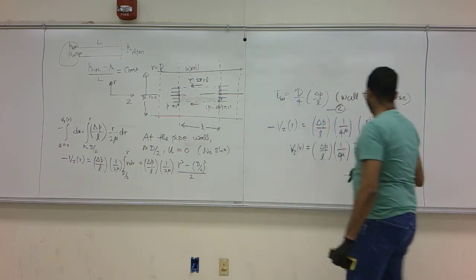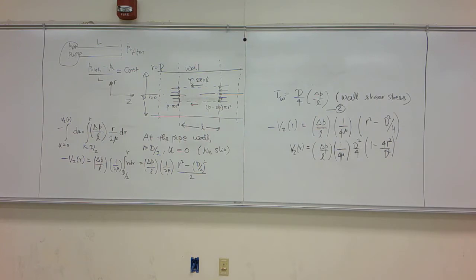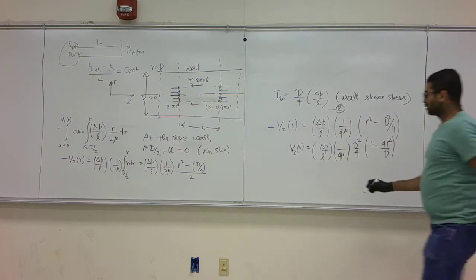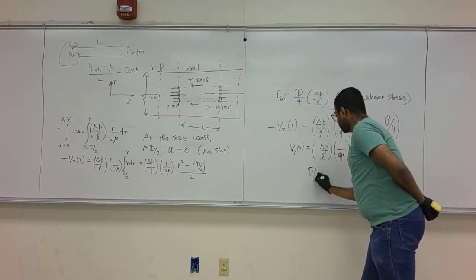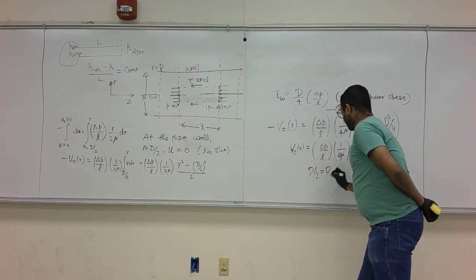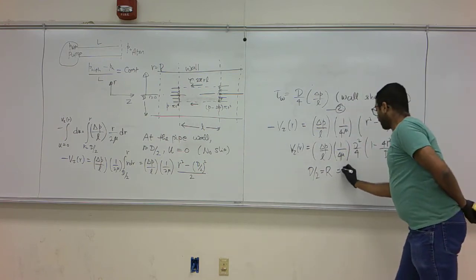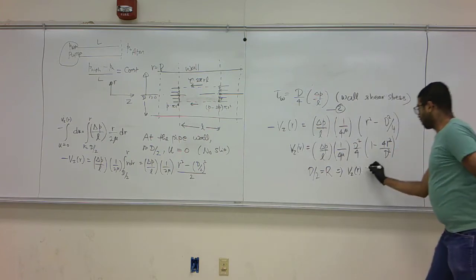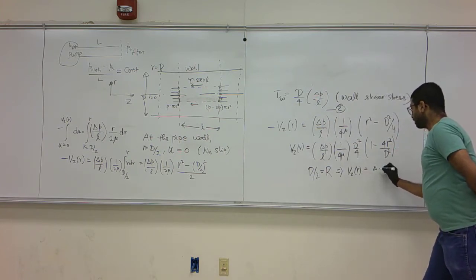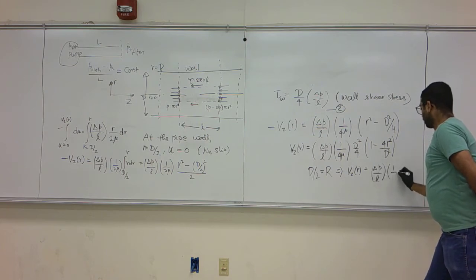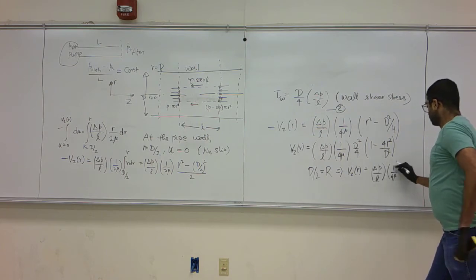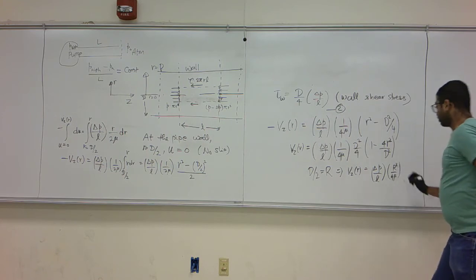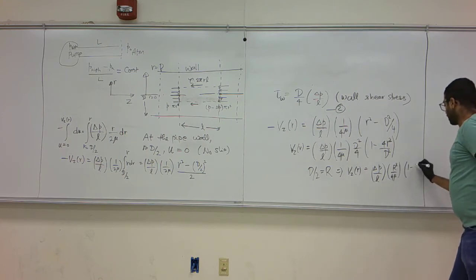So the velocity profile, if I call d by 2 equal to the pipe radius R, is the velocity profile as a function of r: delta P over L times R squared over 4 mu times 1 minus r squared over R squared.